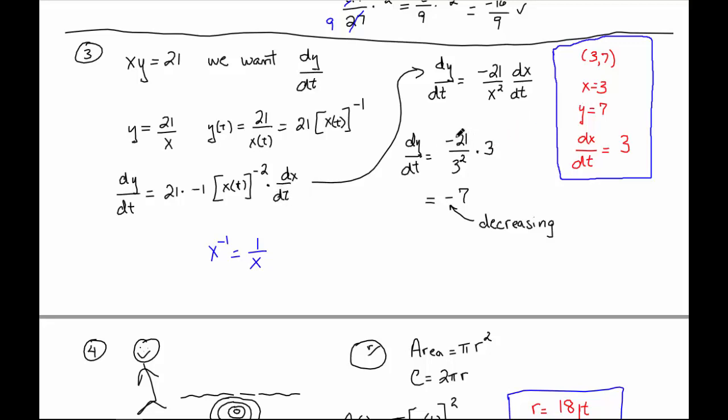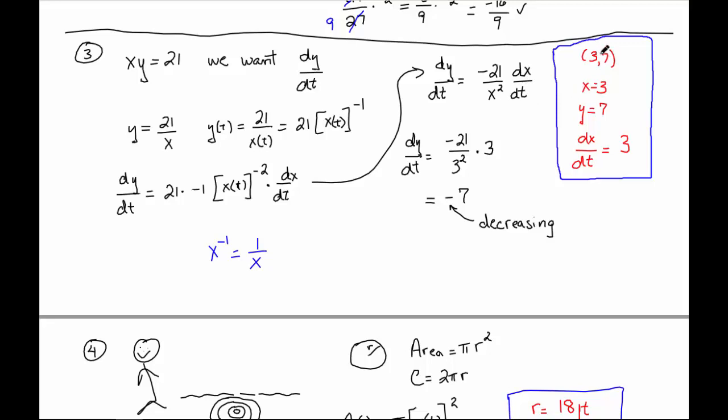So when we clean all this up, what do we have? I've got a 21 times a minus 1, so a minus 21. I've got this x to the minus 2, so 1 over x squared, and then dx dt.